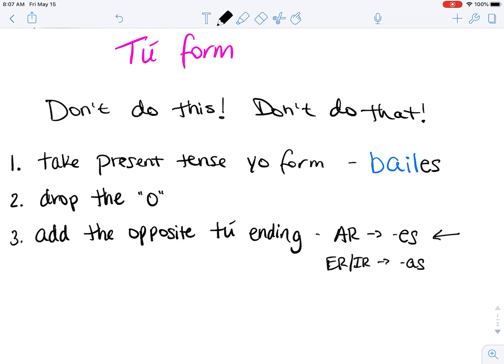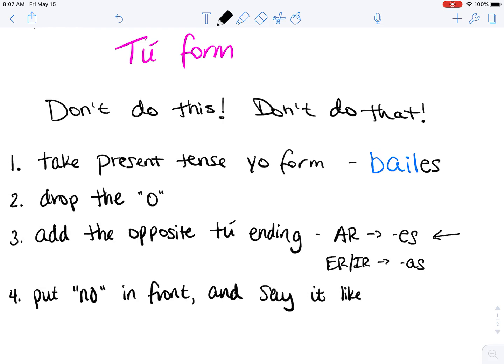Bailes. And then, of course, we need to make it negative by putting no in front. And like I said before, since we want it to be a command, we're going to say it like you mean it. No bailes.